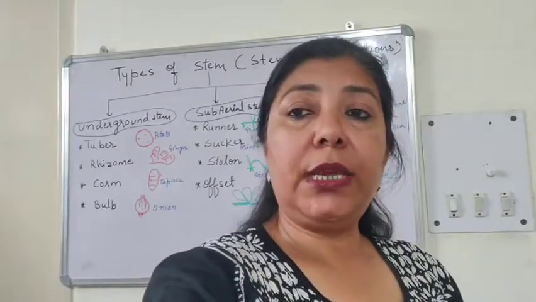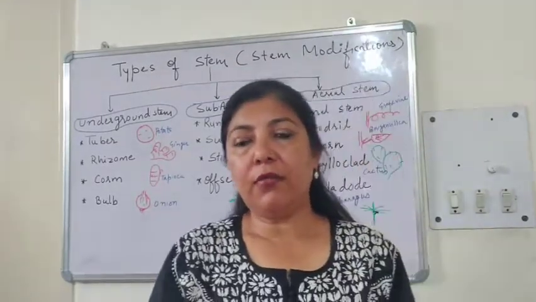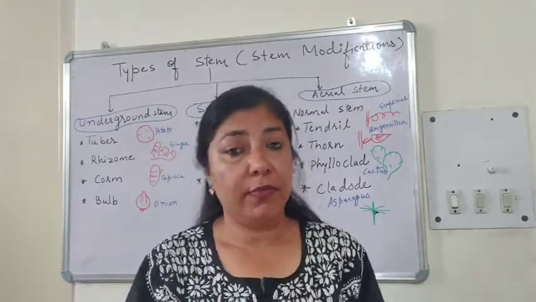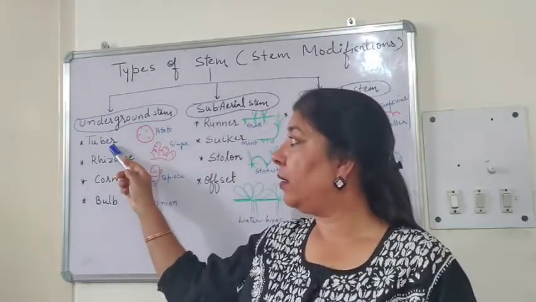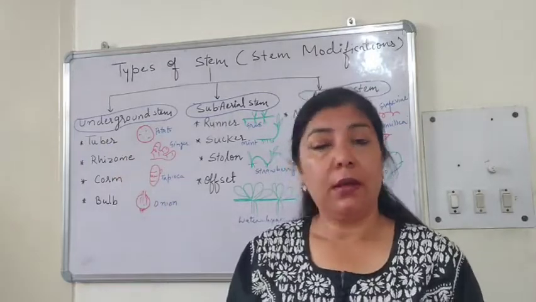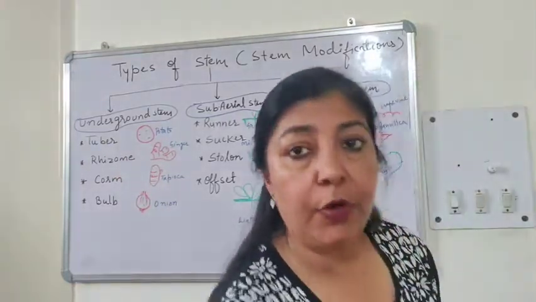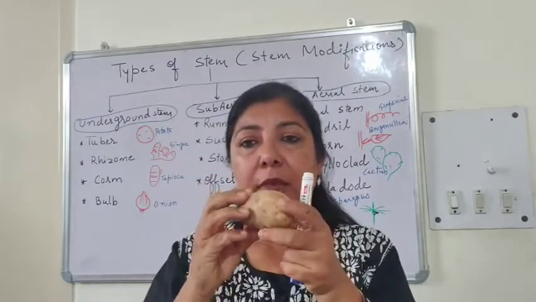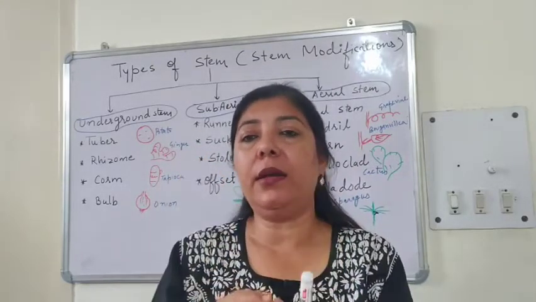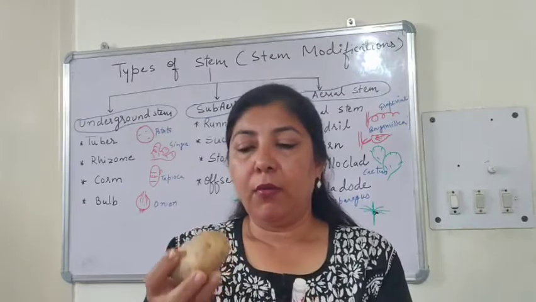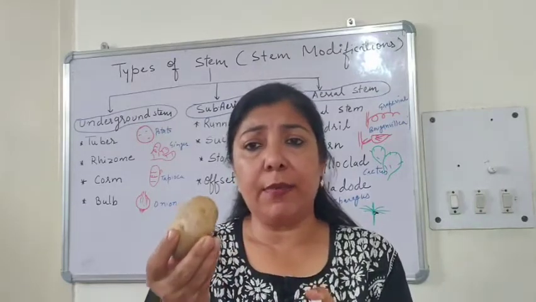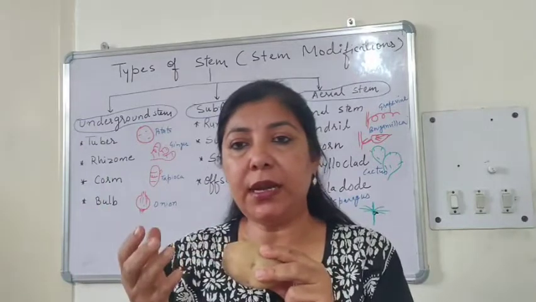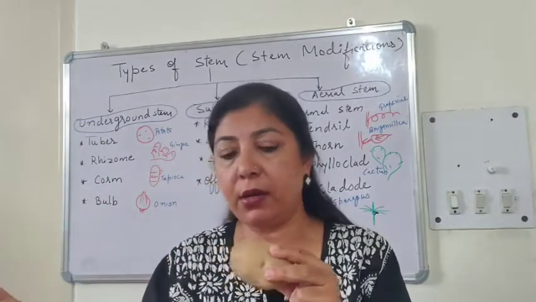So let us study the different types of stem. First is underground stem. There are four types of underground stem modifications. Number one is tuber. For example, in case of potato, this is a tuber where the stem is swollen and underground. Why is this called stem, not root? Whereas in sweet potato, we studied it was a root modification.